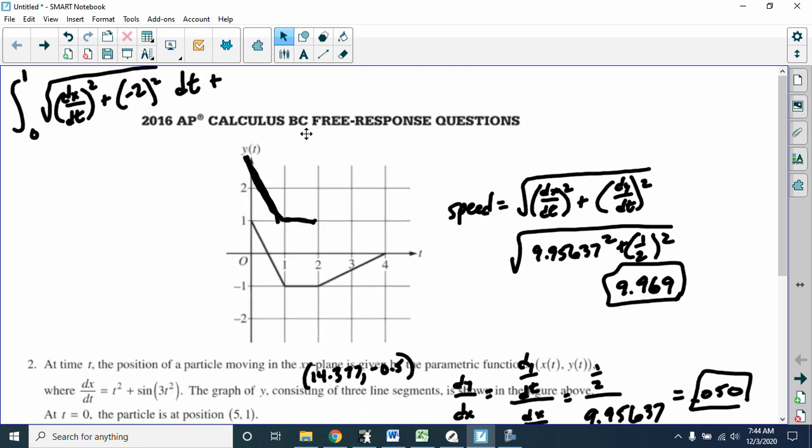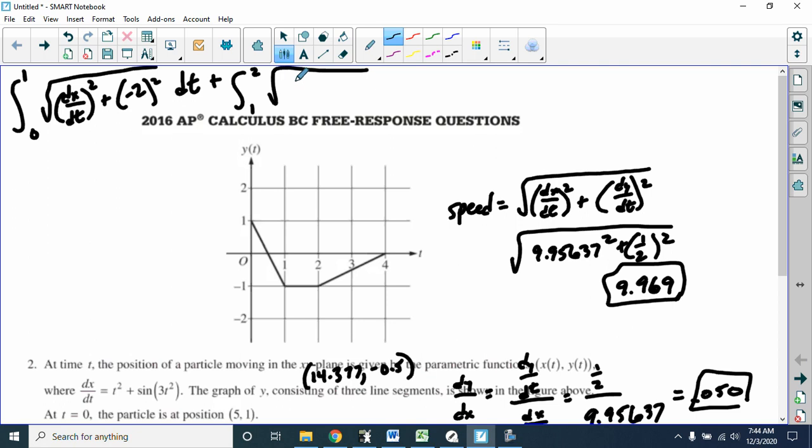That didn't help much. And then we need to do the same thing for the integral from 1 to 2 of the square root of dx/dt squared plus dy/dt. dy/dt would be the slope of this line from 1 to 2, which is 0.